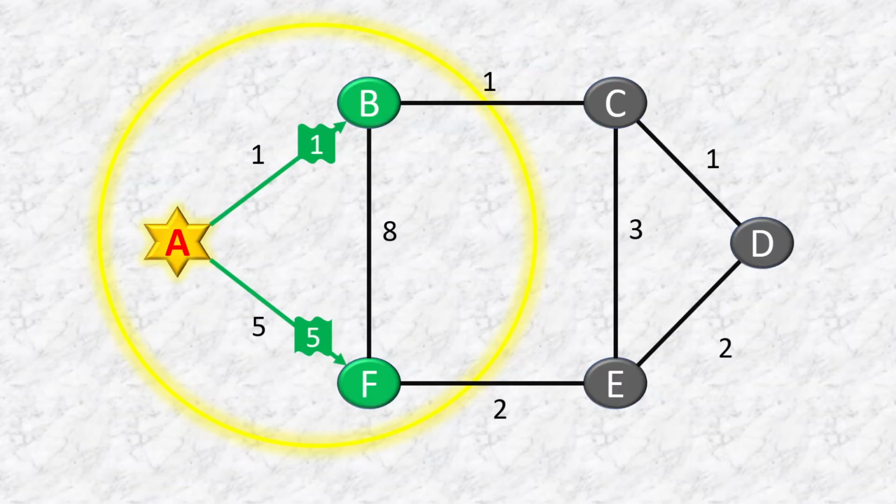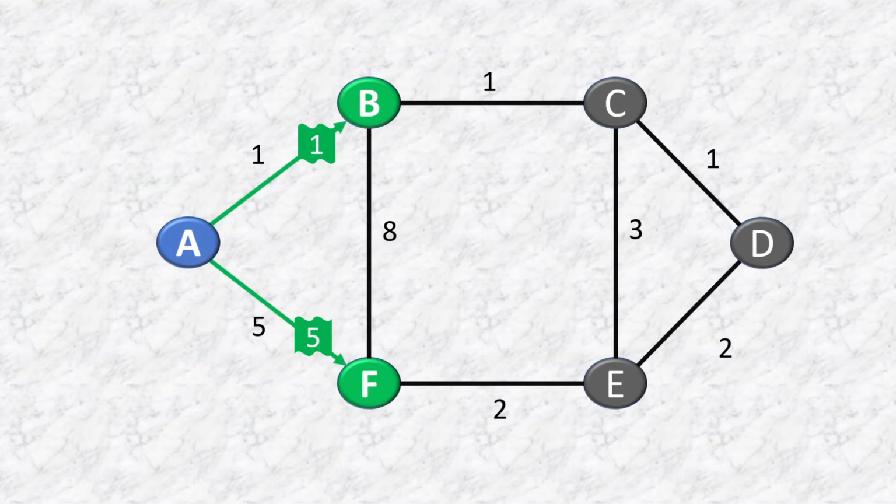Dijkstra, as we noted earlier, is a greedy algorithm. So we will pick the cheaper of the two, or in general we will pick the cheapest, the lowest cost candidate nodes. You can also see that we have changed our A to a blue color.